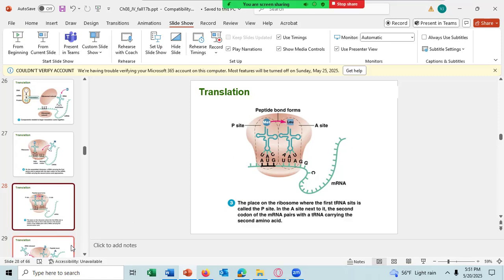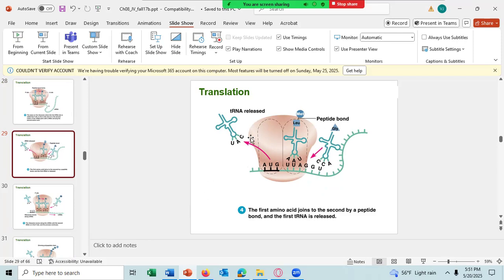All right, now let's get to the confusing part, and that is once the amino acid is removed from the first tRNA, that tRNA will fall out of the ribosome, and then the ribosome will move down one codon. And what's a little confusing is that this tRNA then moves from the second position in the ribosome to the first position in the ribosome.